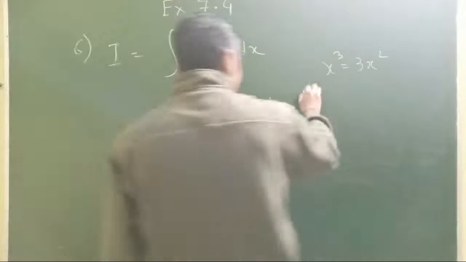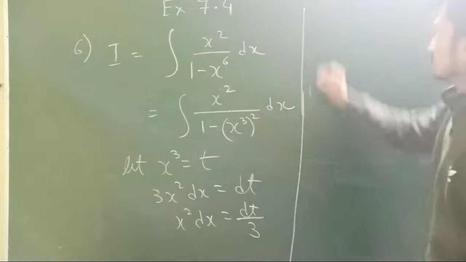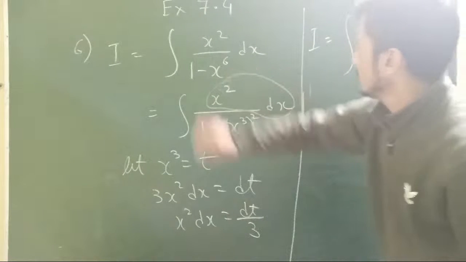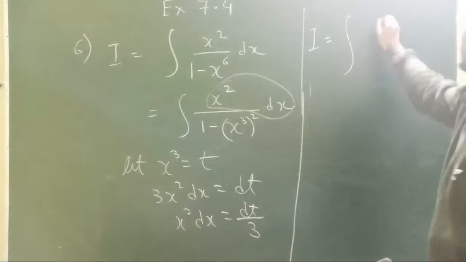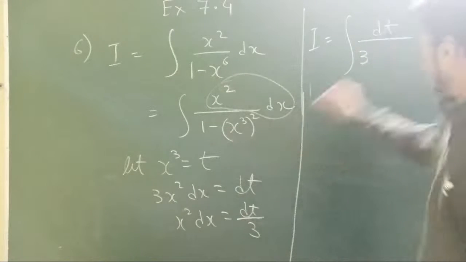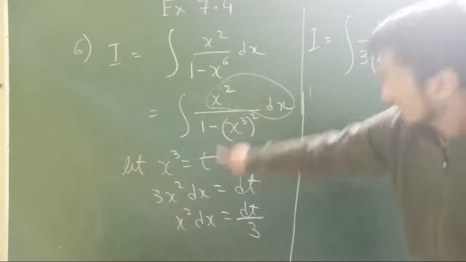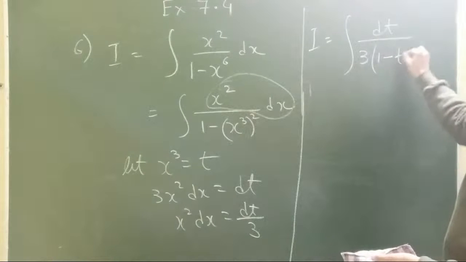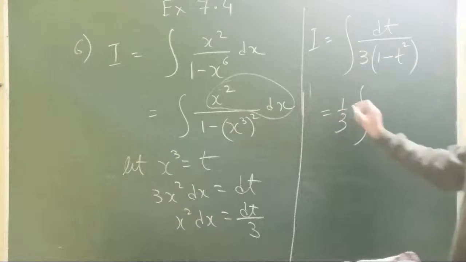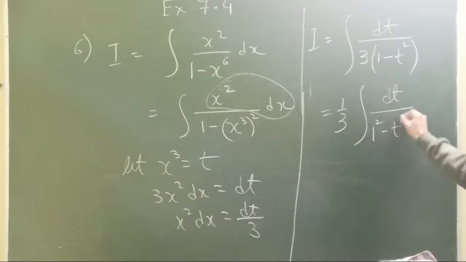So I will become the integral of dt upon 3, over 1 minus t square, since x cube I used as t. So I will take 3 out, and we get dt by 1 square minus t square.